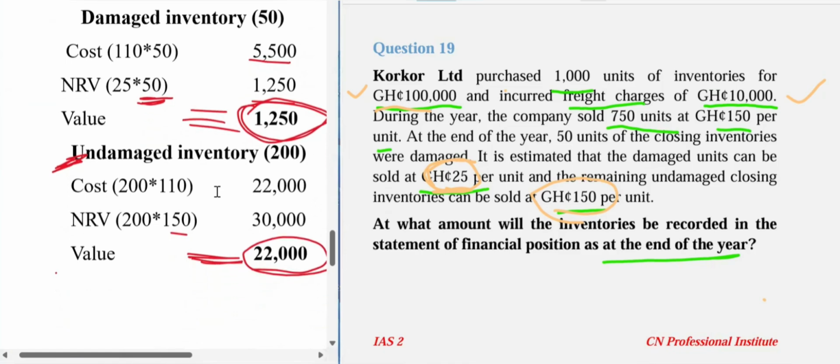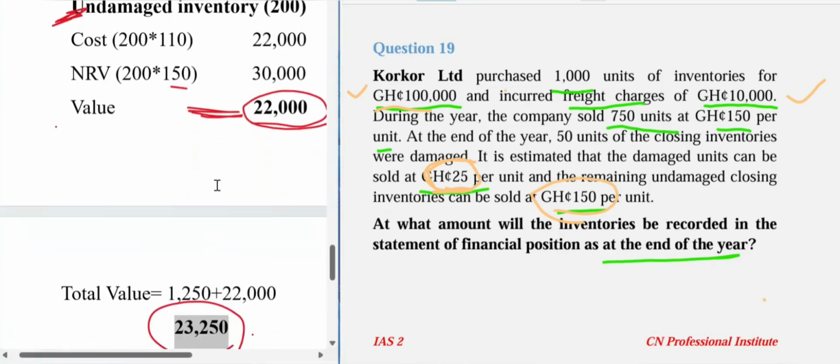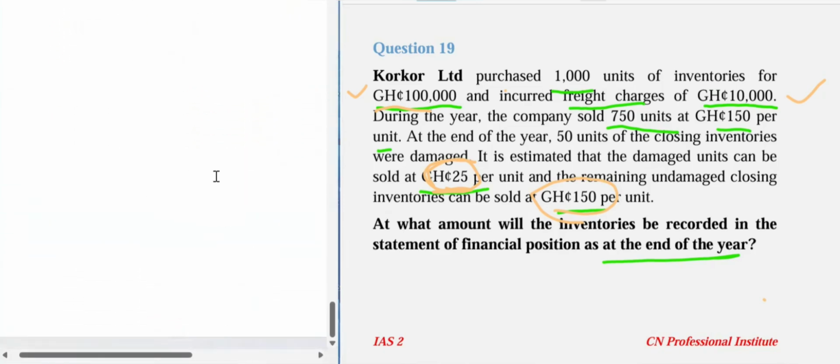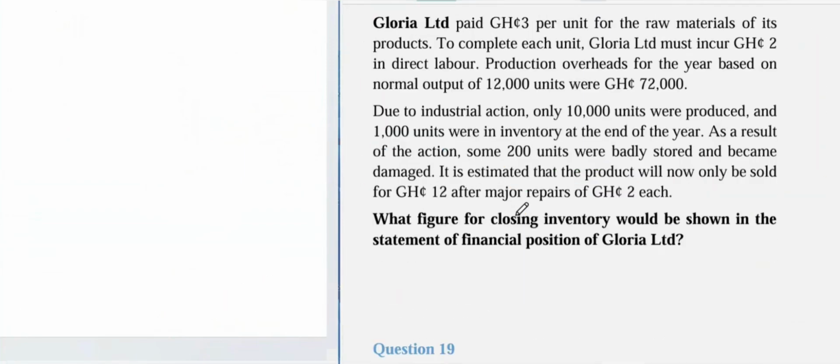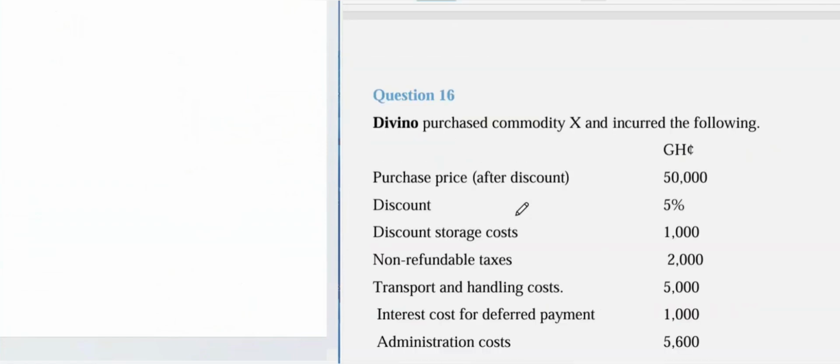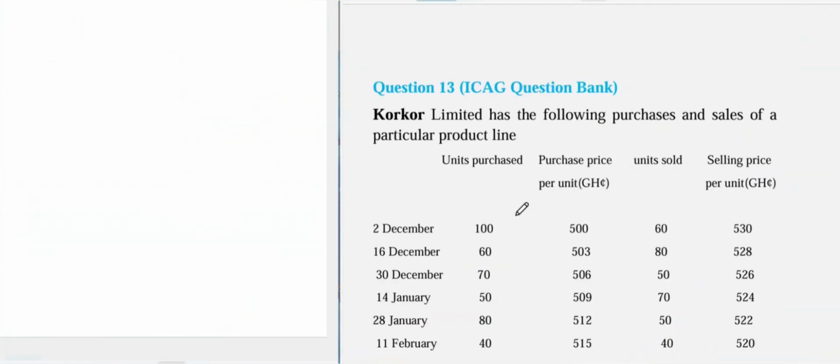And then you add the two. Okay. And that will be the answer. So that was question 19. Let's go and try question 7.